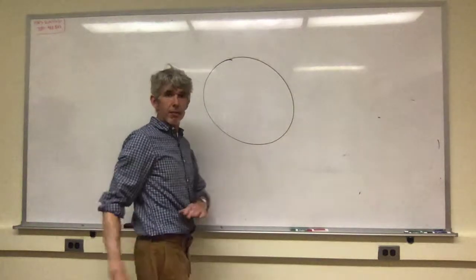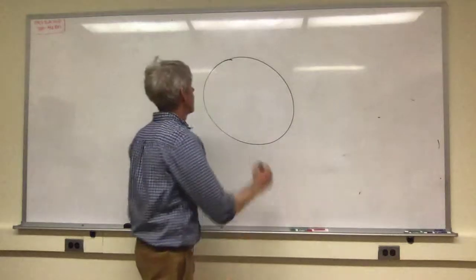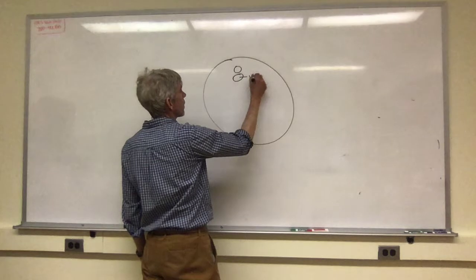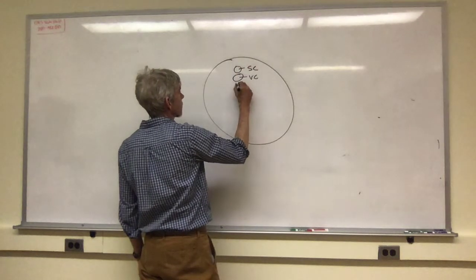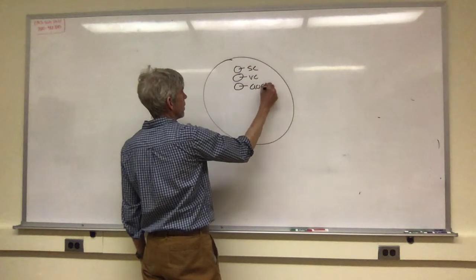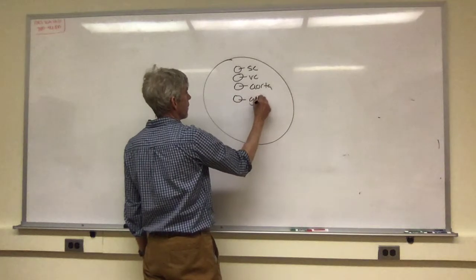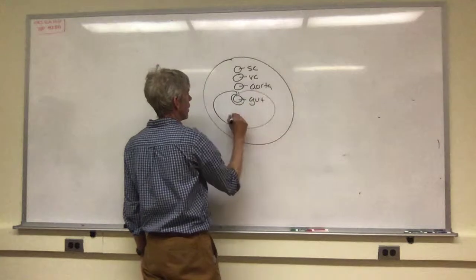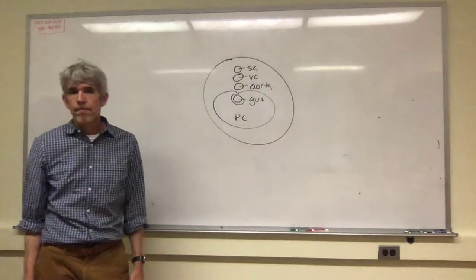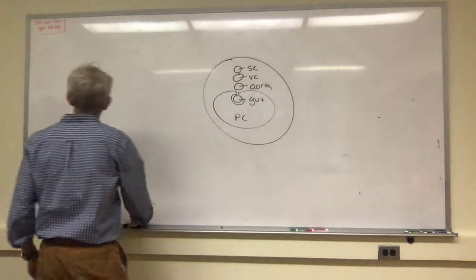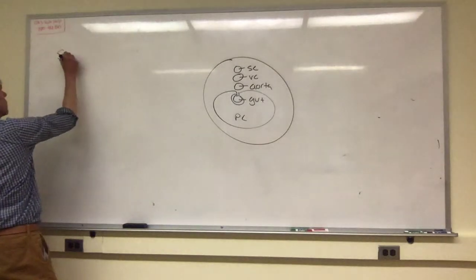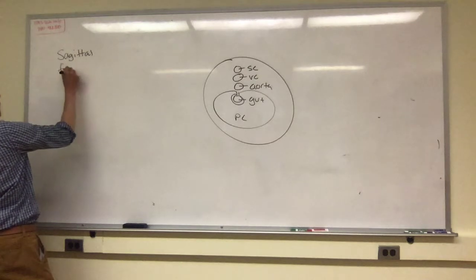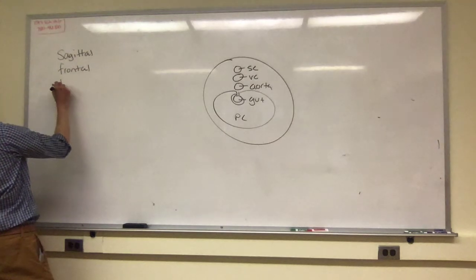A transverse section, cut right through here, shows the vertebral column, spinal cord, aorta, gut, peritoneal cavity. Okay? So sagittal, frontal, transverse.